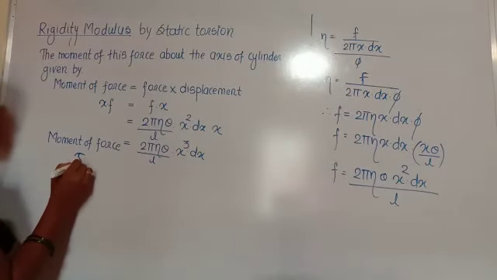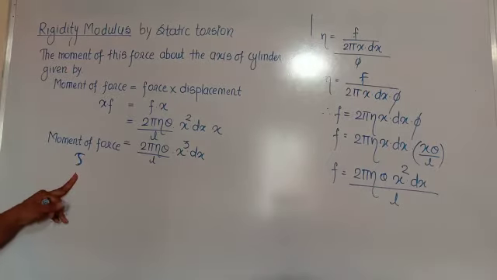This total torque is denoted by the letter tau.